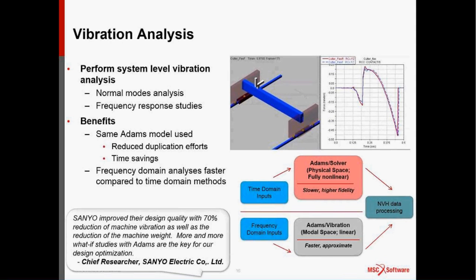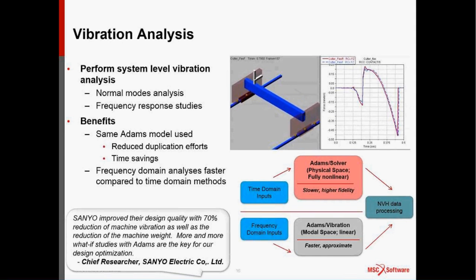We have a Fast Fourier Transform that will enable you to convert your time domain results into frequency domain results directly from the Adams post-processor. That will help you find the frequency under different operating scenarios and analyze the data from the frequency perspective.